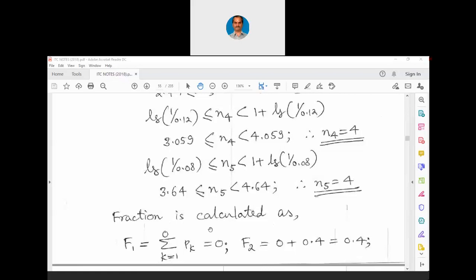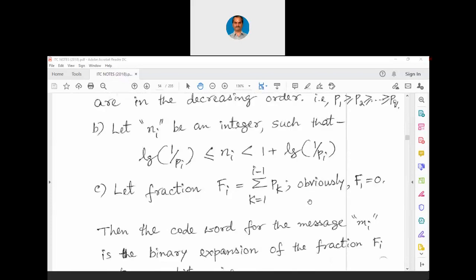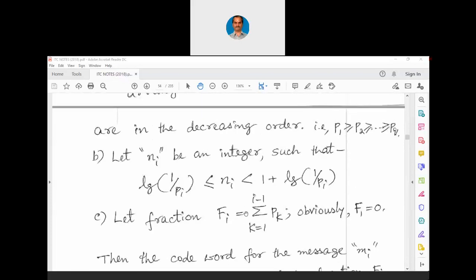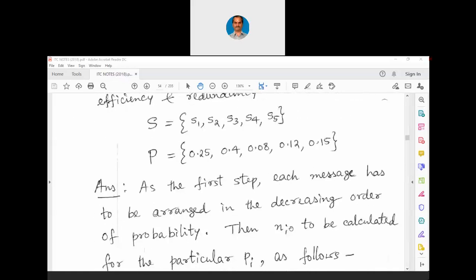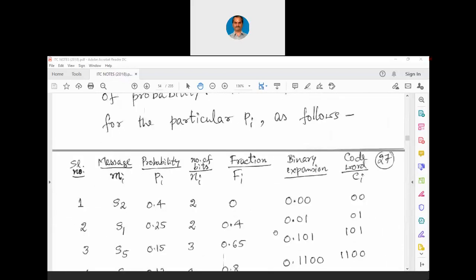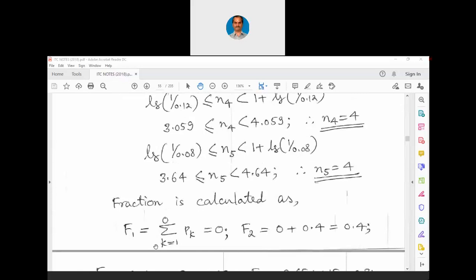Let me go back to that previous definition where fraction fi is summation of k equals 1 to i minus 1 of pk. So in the first place, it is simply the very first, highest probability message. That means when that is being emitted, we don't have to consider the other ones. So naturally for the first case, f1 is summation of k equals 1 to 0 of pk, that is equal to 0.